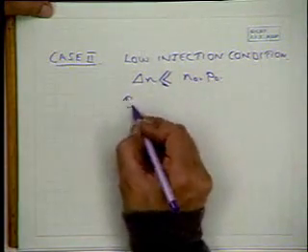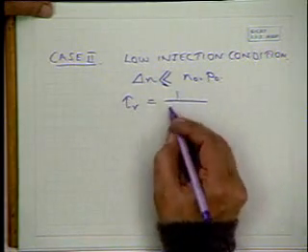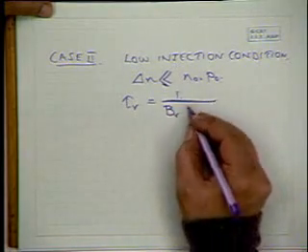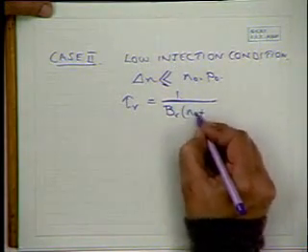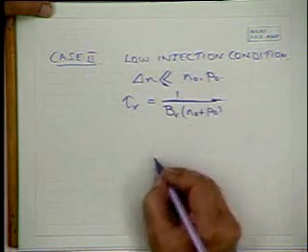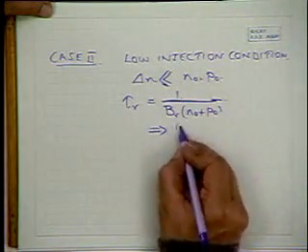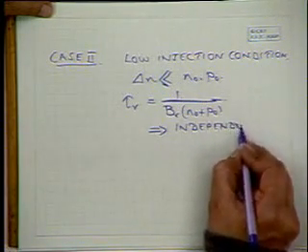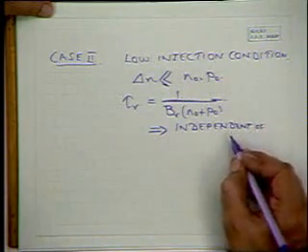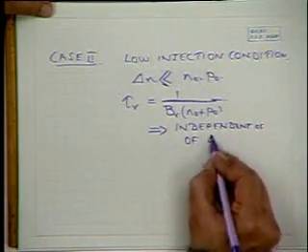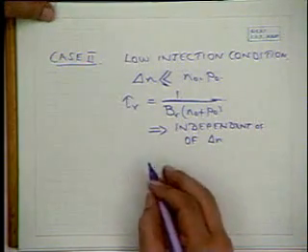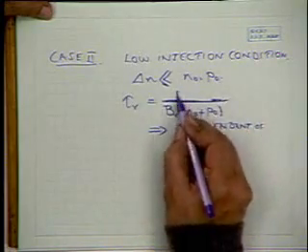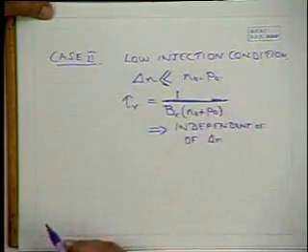So in this case, tau R is equal to 1 by BR into N0 plus P0. And notice that this is independent of delta N, unlike the previous case. So this is a constant dependent only upon BR and N0 plus P0.